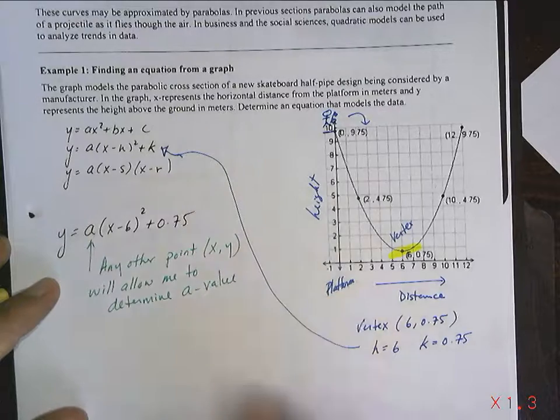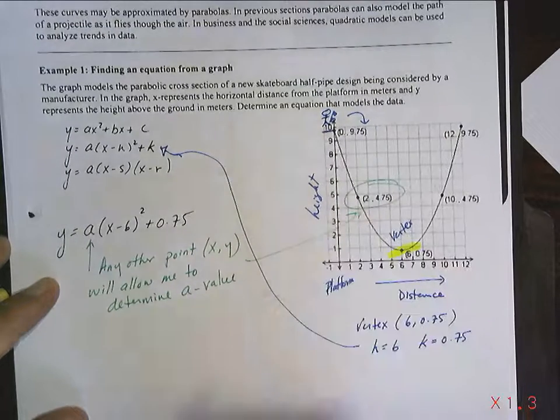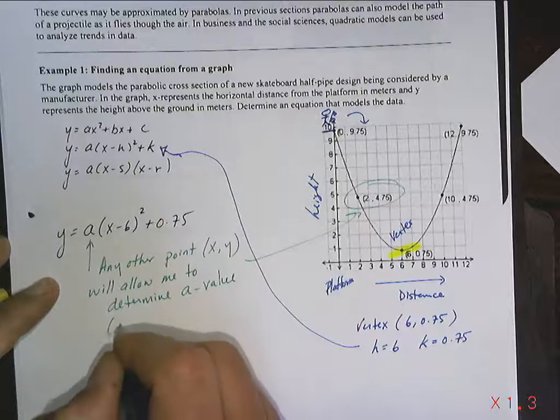So picking any other point on here, how about (2, 4.75)?